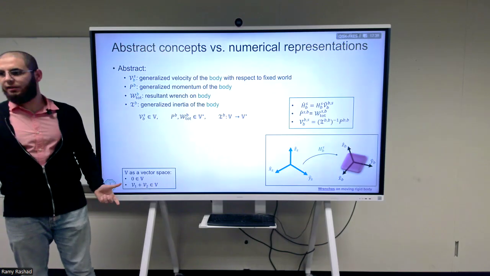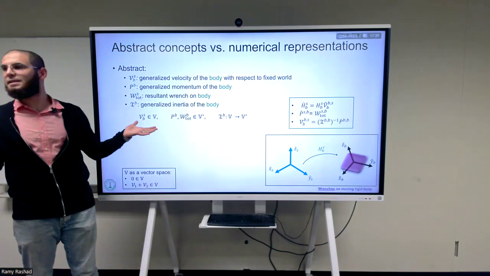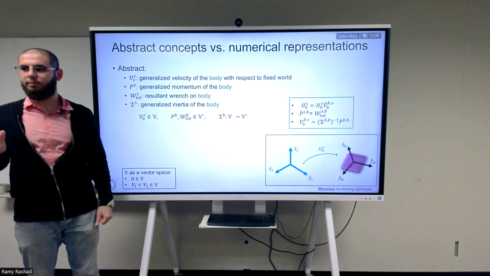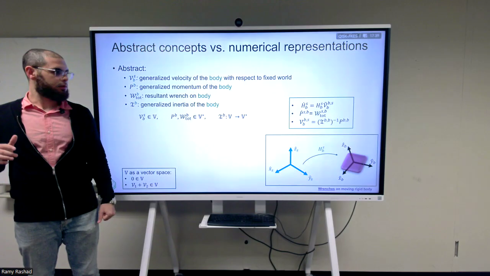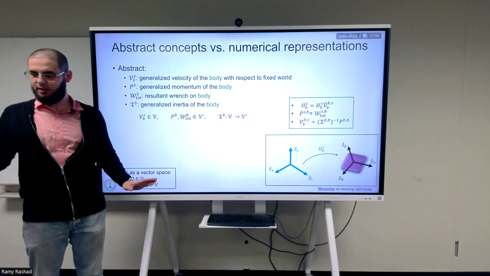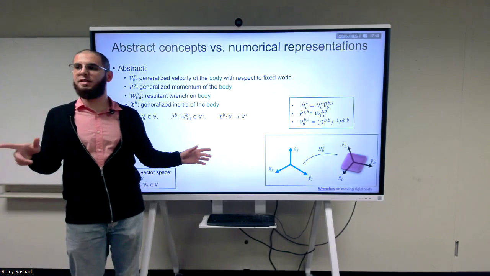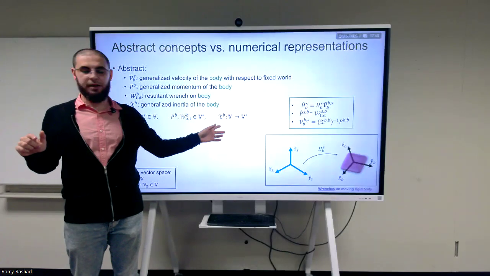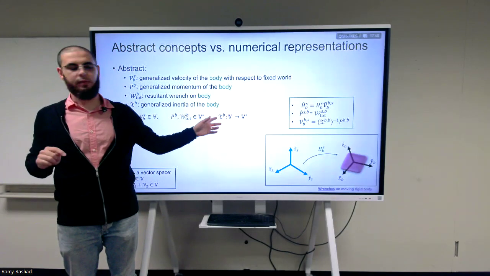Now, if you look at it as a vector space abstractly, this still makes sense. How do you classify this tensor type? We haven't discussed it, but I'll tell it to you. Endomorphisms are usually 1-1 tensors. Bilinear maps are 0-2 tensors.